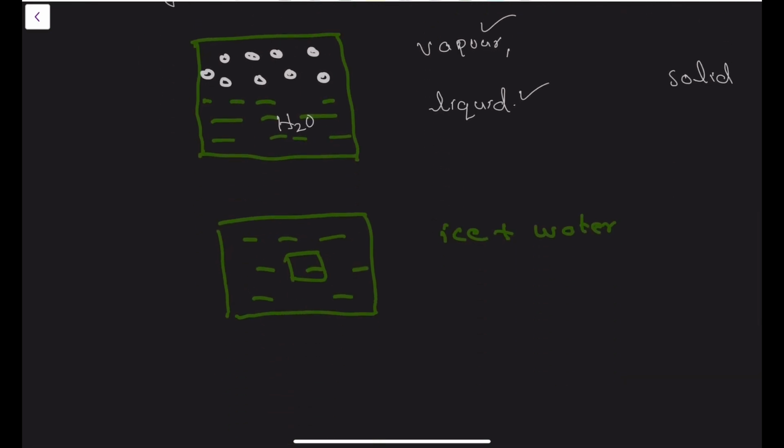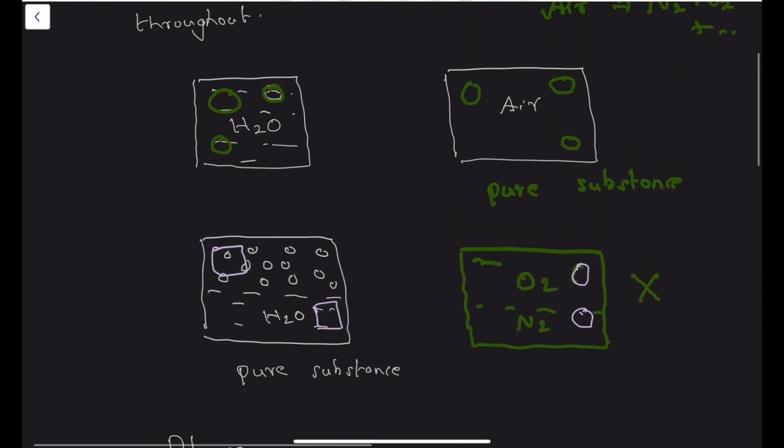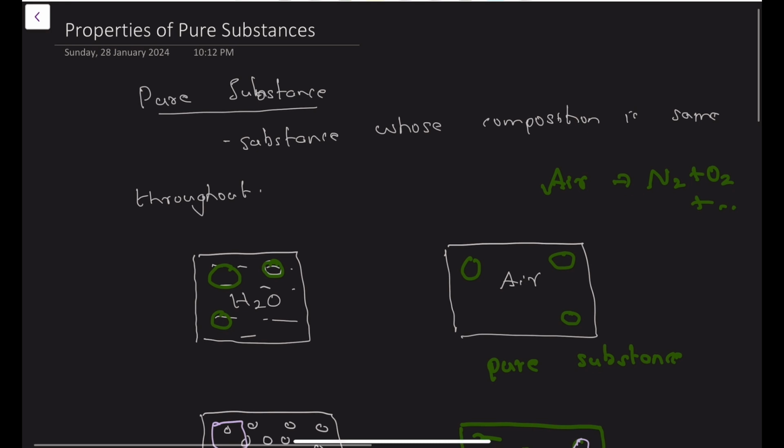So these are two phases, the solid and liquid phase. This is about phases of a pure substance. Once we have understood what a pure substance is, now let us try to understand the properties of pure substances.